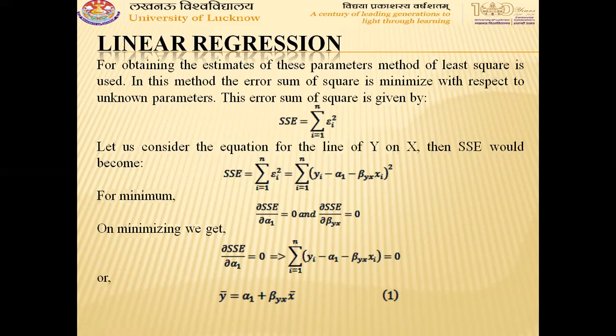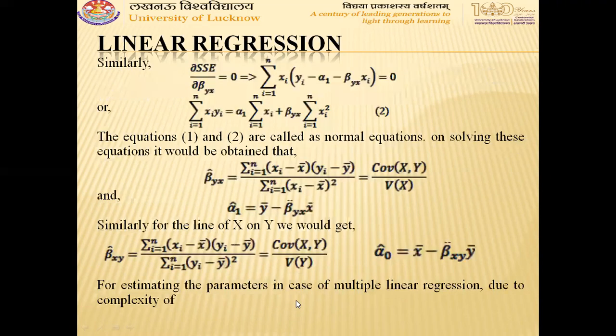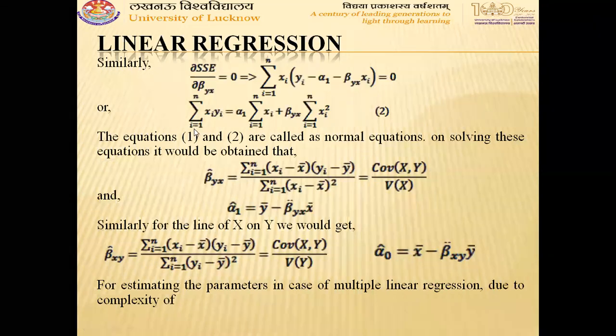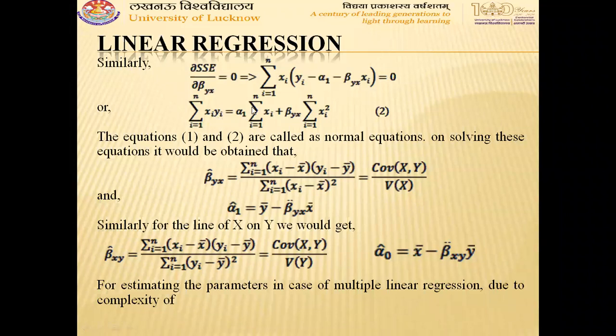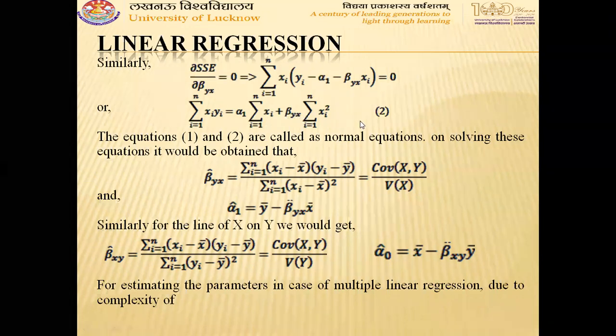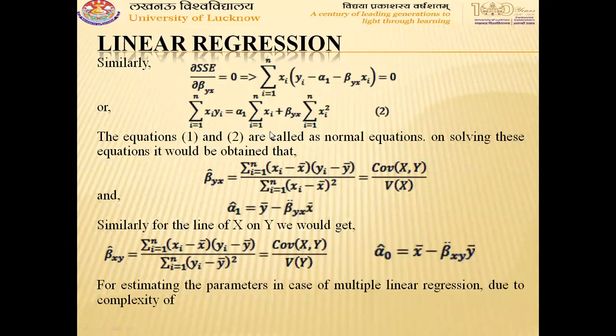On differentiating and solving, we get y bar is equal to alpha 1 plus beta yx x bar, and if we differentiate with respect to beta, then we get the equation summation i goes 1 to n xi yi is equal to alpha 1 summation i goes 1 to n xi plus beta yx summation xi square. These two equations, y bar equals alpha 1 plus beta x bar and summation xi yi equals alpha 1 summation xi plus beta summation xi square, are called the normal equations.